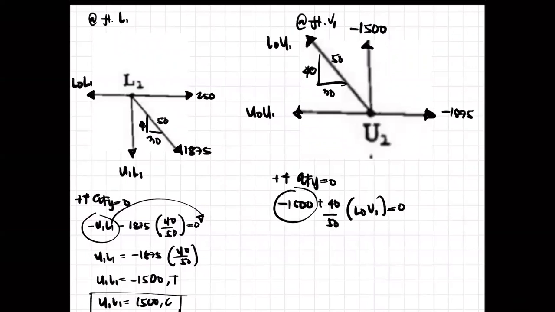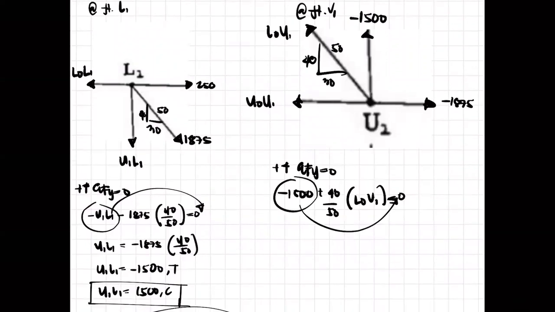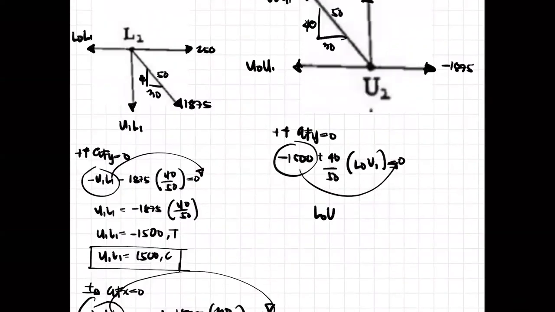So transpose natin to sa kabila. That is LOU1 50 over 40 1.5 and LOU1 is equal to 1875 tension. Okay?